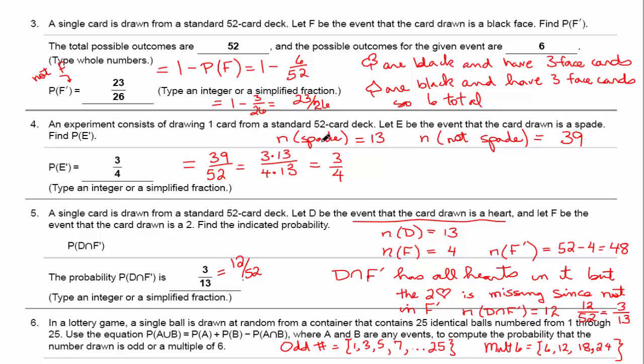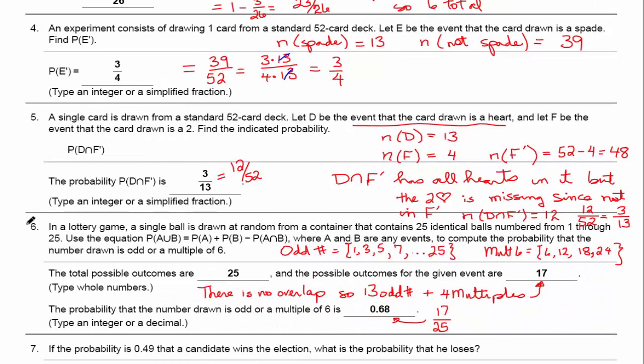If the number of spades is 13, then the number of not spades is 52 minus 13, which is 39. So the probability of not a spade is 39 out of 52. I can take a 13 out of both the top and the bottom, and it reduces to 3/4.